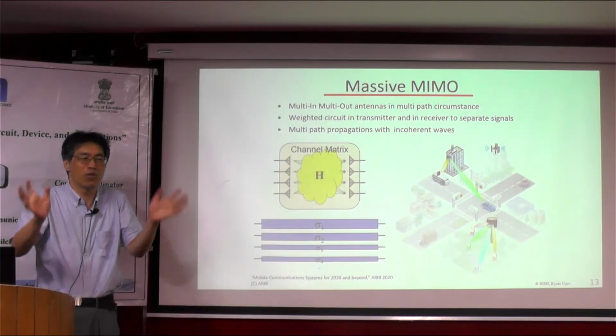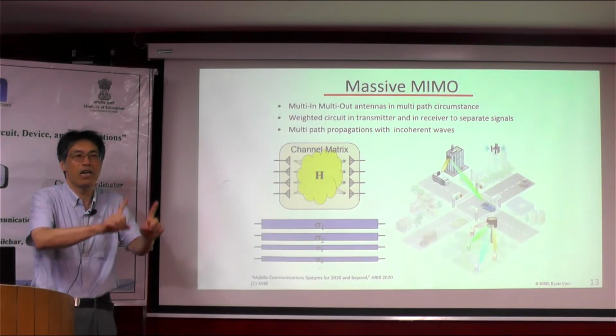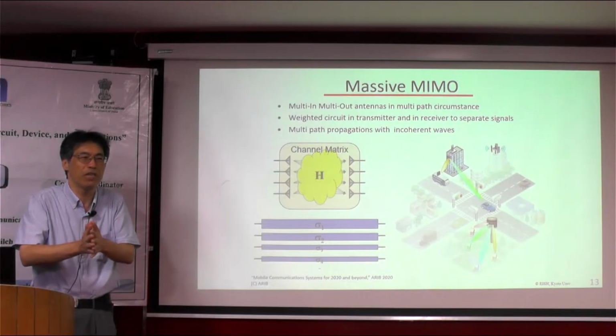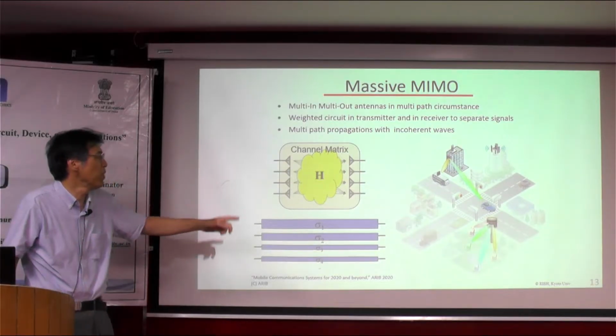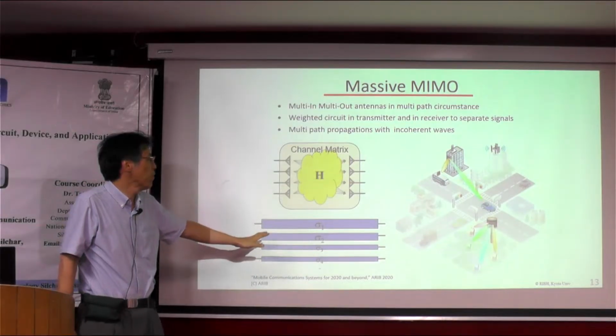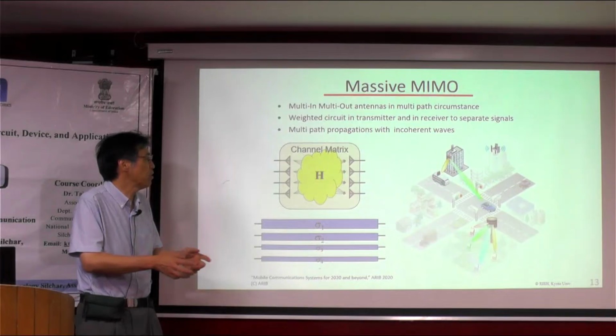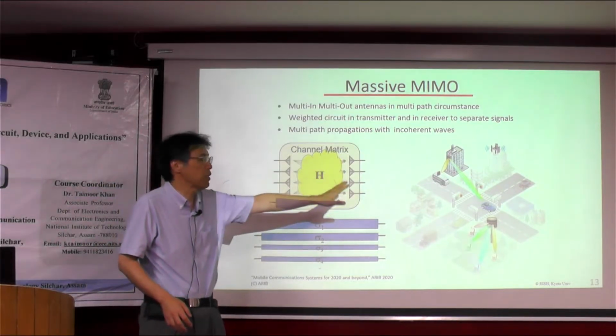From the 3 antennas, they control the phase and the path length in this MIMO system. So this is mainly to control the path length in the multi-path circumstance.